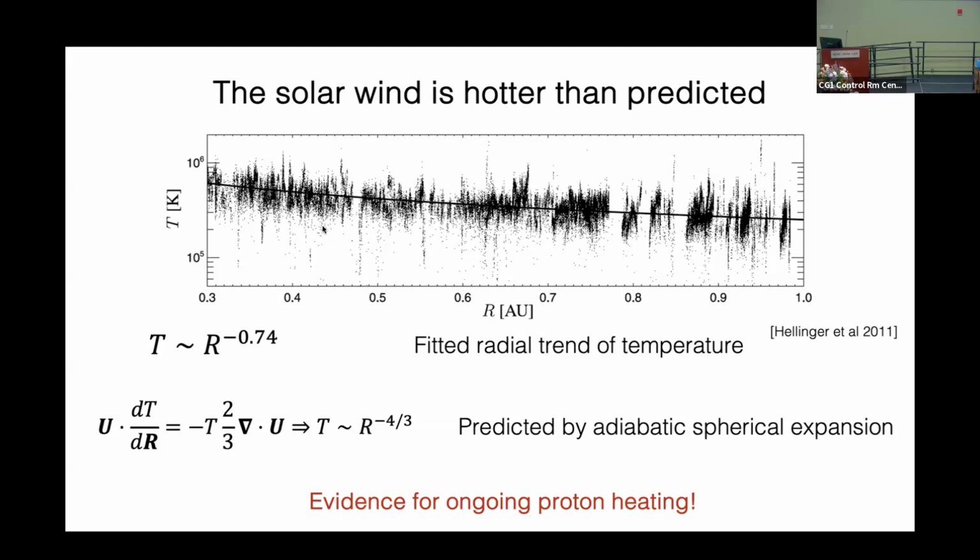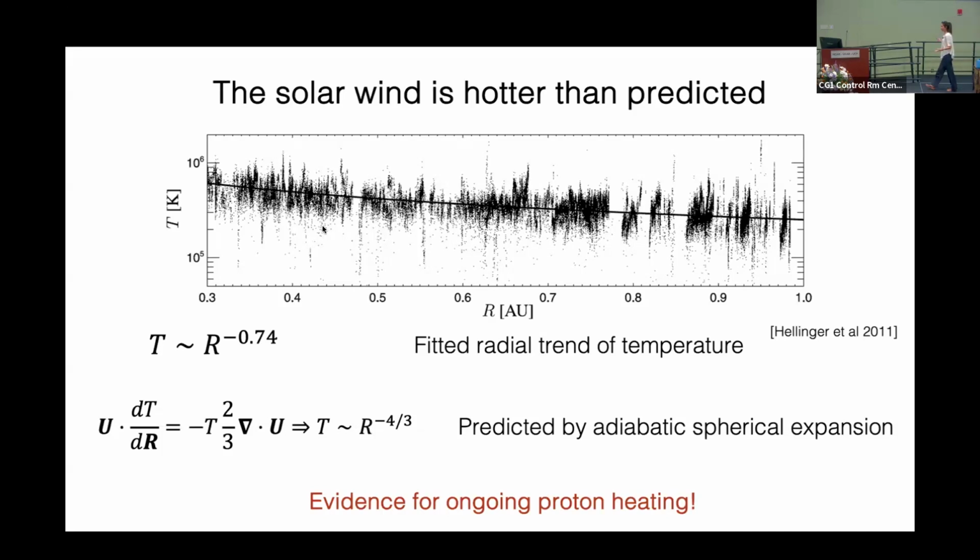The specific number in this case is not particularly important. What's important is that if the wind was expanding adiabatically, as represented in this equation here, then the temperature would fall off much faster than observed. So this, in short, provides evidence that there has to be ongoing heating in the solar wind as it expands in interplanetary space.